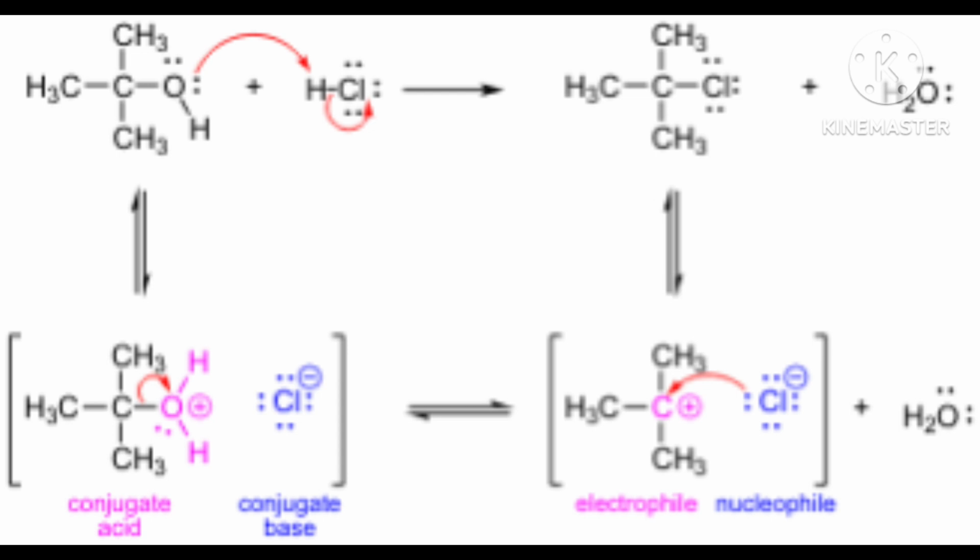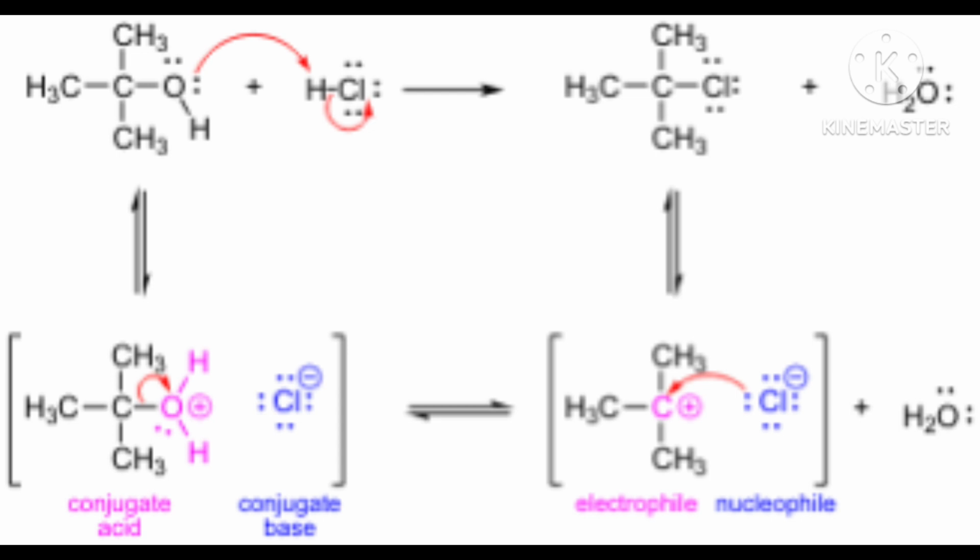Here there is no question of movement of an electron pair. A single electron, both carbons will take. How will you show this single electron movement? This is the new thing you should understand.